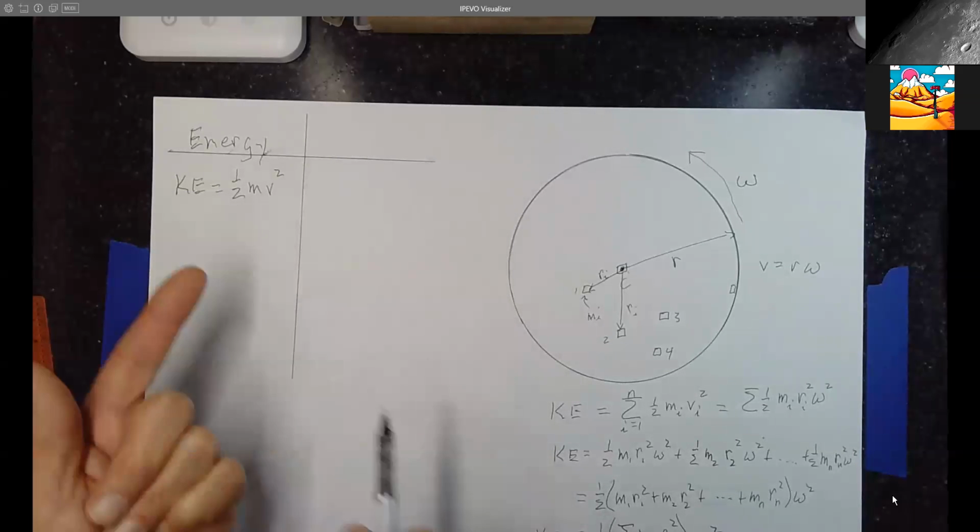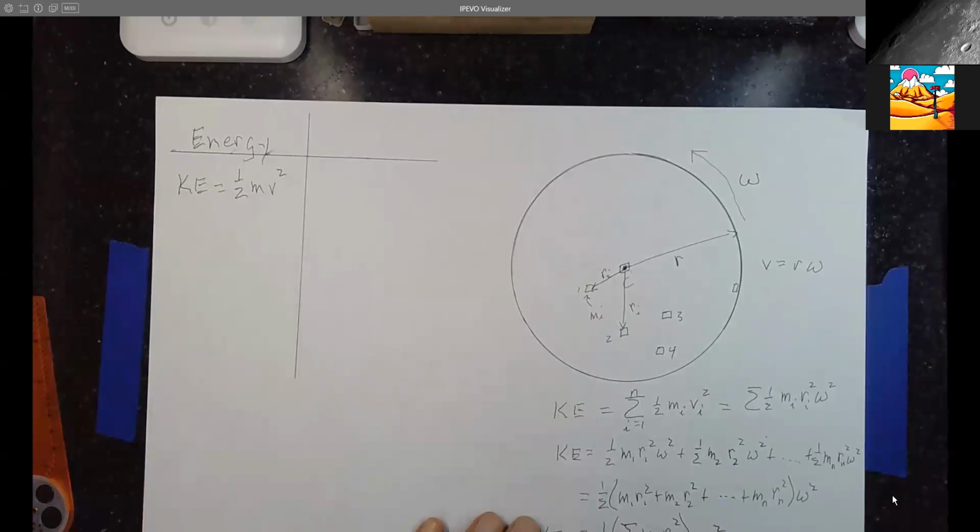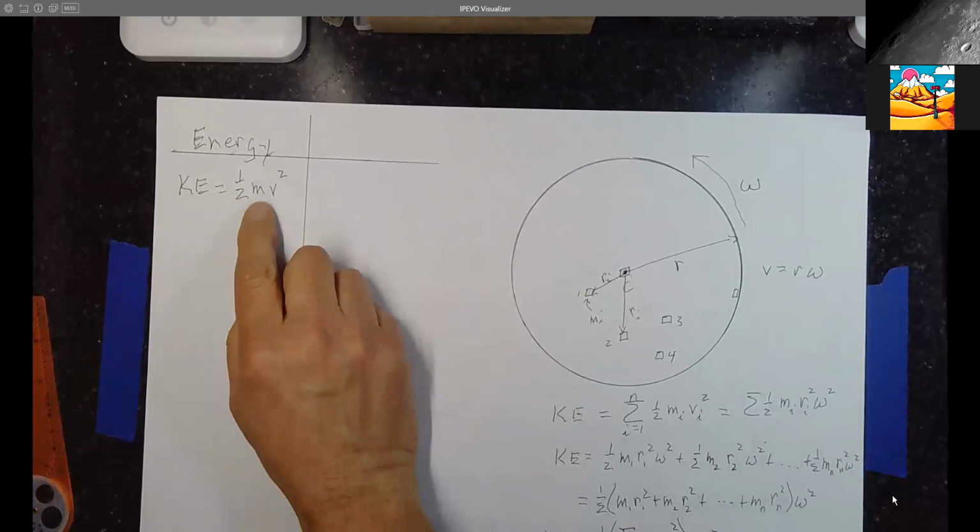This is analogous to 1/2 mv squared, but this thing in the parentheses here is a rotational analog to translational mass.